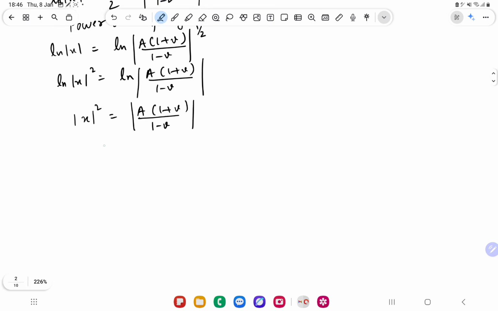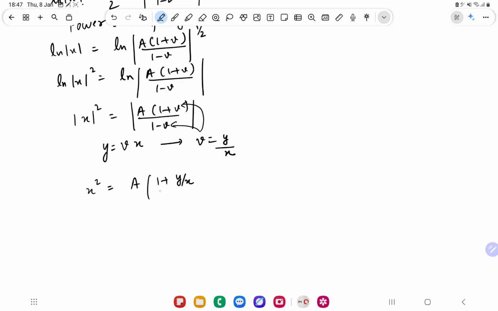Now in the starting of this part, it was written use y is equal to vx. So I can write v as y by x, and when I substitute this v over here, I can write it as x square. I can remove the mod now. A bracket 1 plus y by x upon 1 minus y by x.